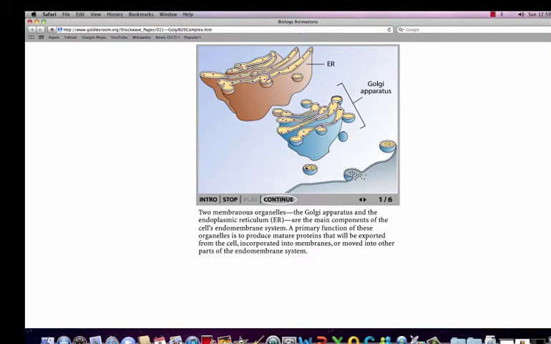And these mature proteins then will be exported from the cell, and they can be incorporated into the membrane itself of these new cells, or they can be moved into other parts of the endomembrane system. As I mentioned, they could actually come back and become part of this membrane of the Golgi. Okay.